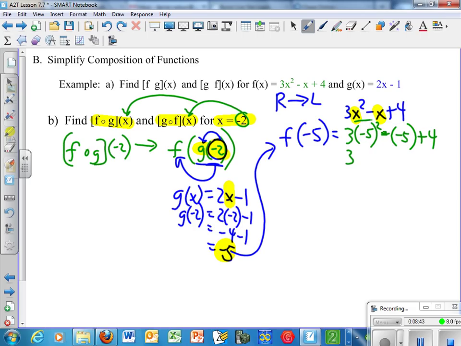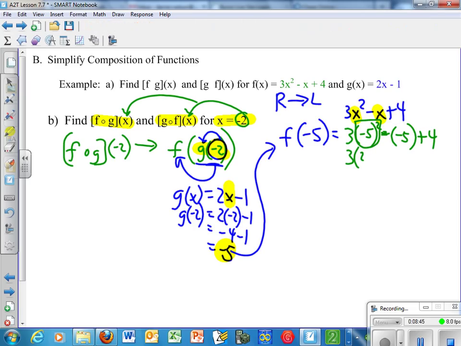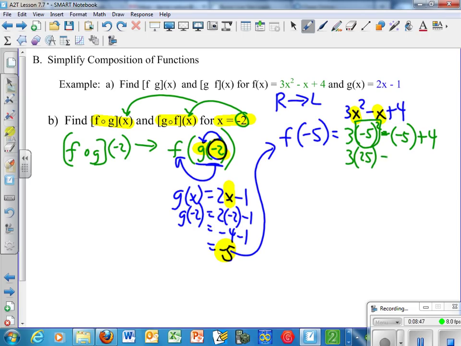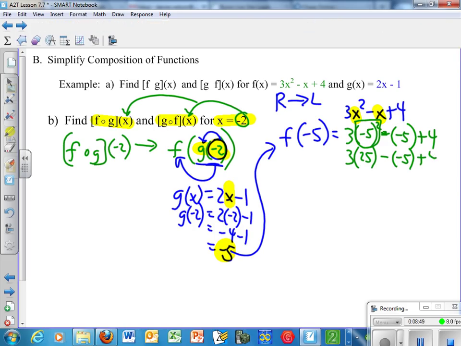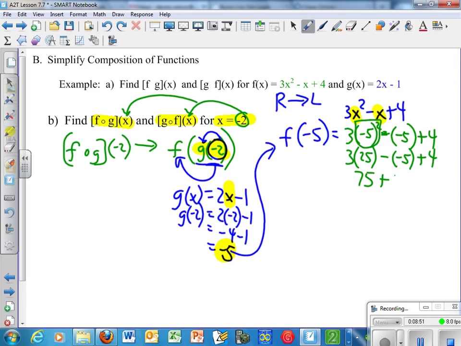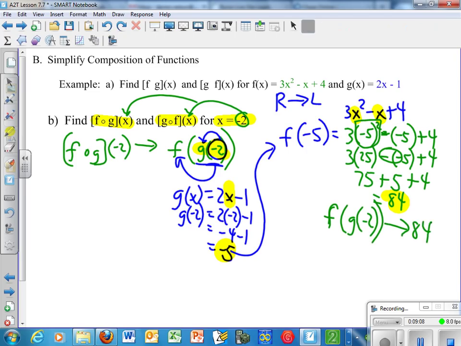Now I got to do the square first, so this is 3 times 25 minus negative 5 plus 4, so 75, and this turns into plus 5 because of that, plus 4, 80 plus 4, which is 84. So basically, f of g of negative 2 outputted 84, and that would be your answer.